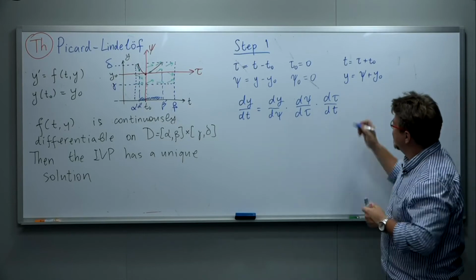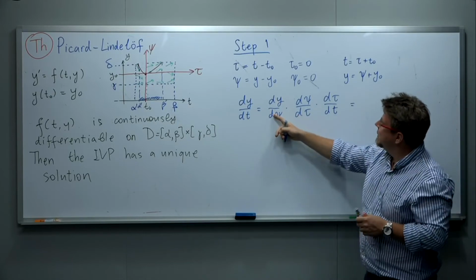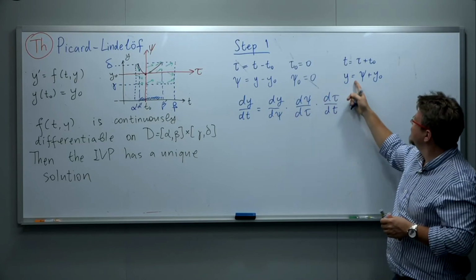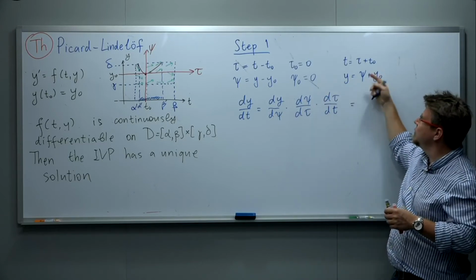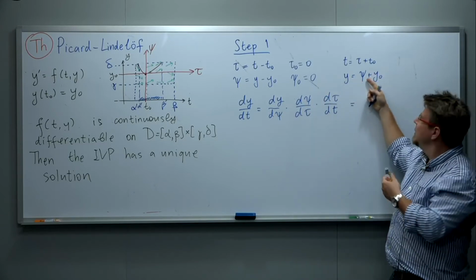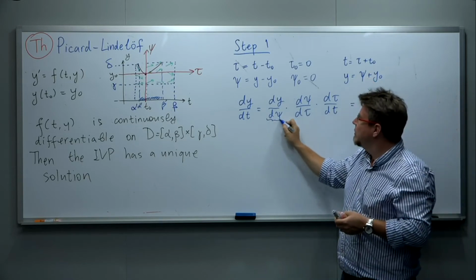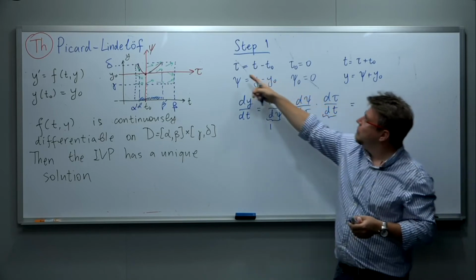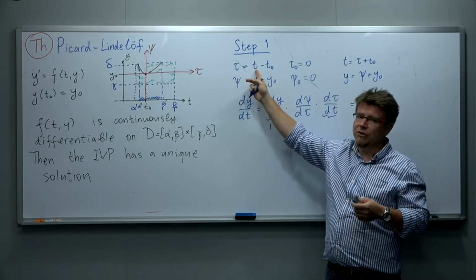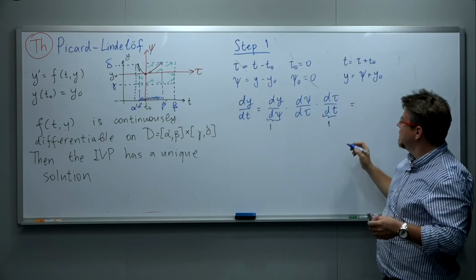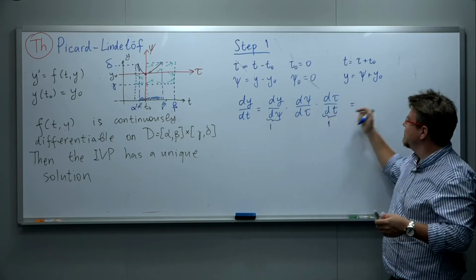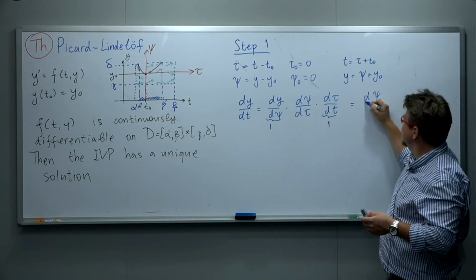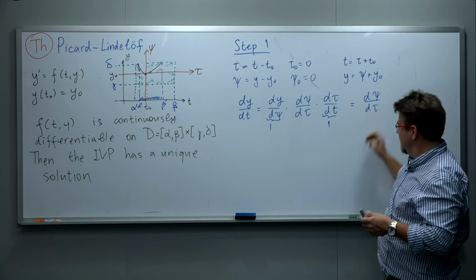Well, dy d psi, so y is psi plus something. This is a constant. When you differentiate y with respect to psi, it's just 1. So this is just 1. And this is also just 1, right? Tau, the derivative of tau with respect to t is just 1. So this is 1 times this, so this is just d psi d tau.